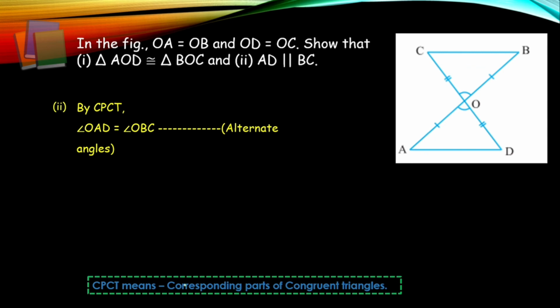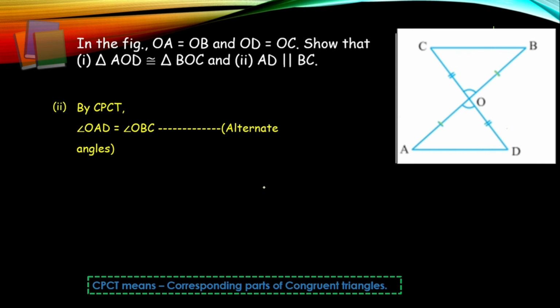Here the angles OAD and OBC are alternate angles. As the alternate angles are equal, we can say that the two lines AD and BC are parallel. As we all know, alternate angles are equal in parallel lines, so the line segment AD is parallel to the line segment BC.